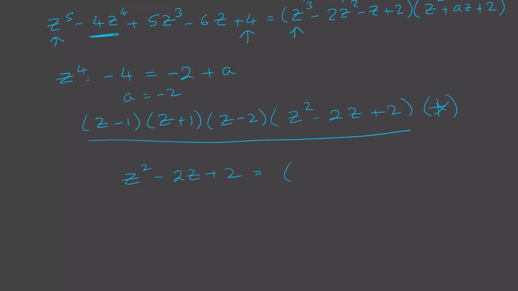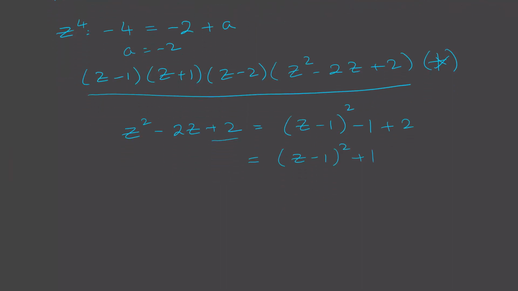So that would be z take away 1 all squared. Now remember, that would give me z squared minus 2z plus 1. So I need to take 1 away, and then I've got this 2 still here. So that is z minus 1 all squared plus 1.